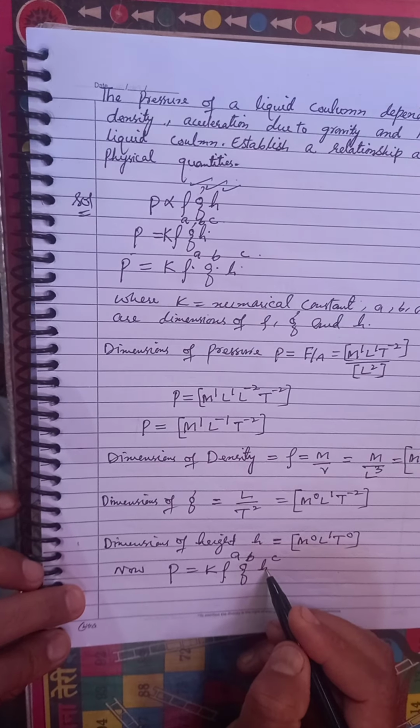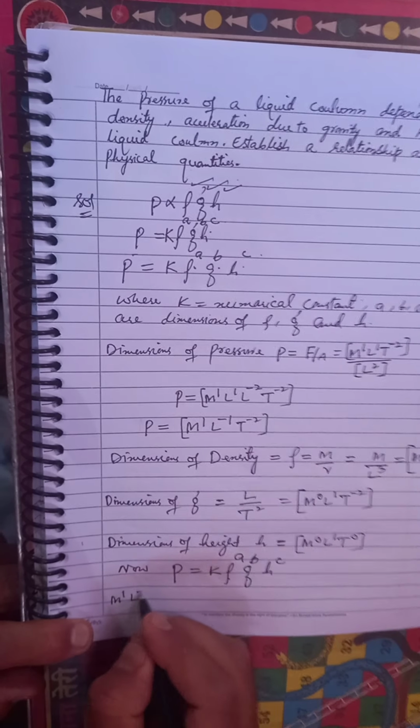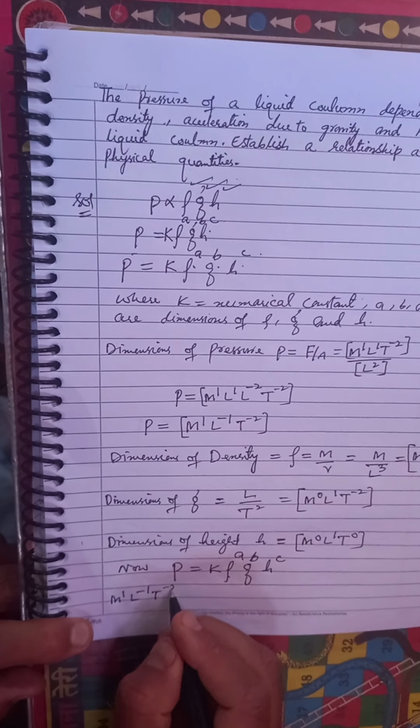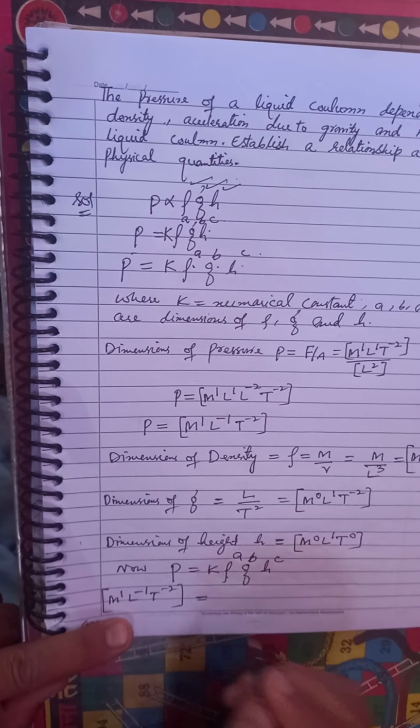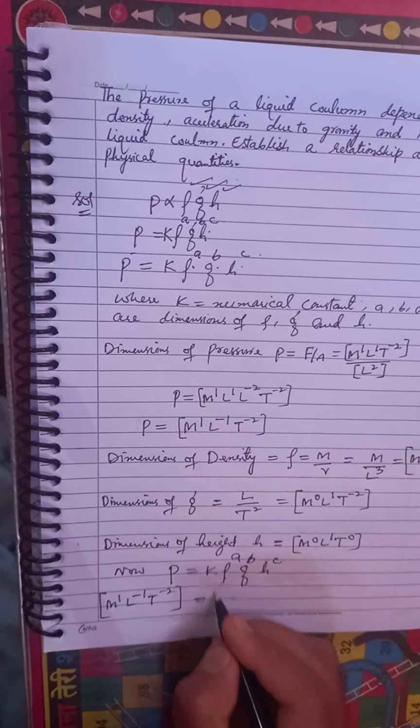The dimensions of pressure, M^1 L^-1 T^-2, are equal to the numerical constant times the dimensions of density, which I already calculated, (M^1 L^-3 T^0) whole raised to power a.